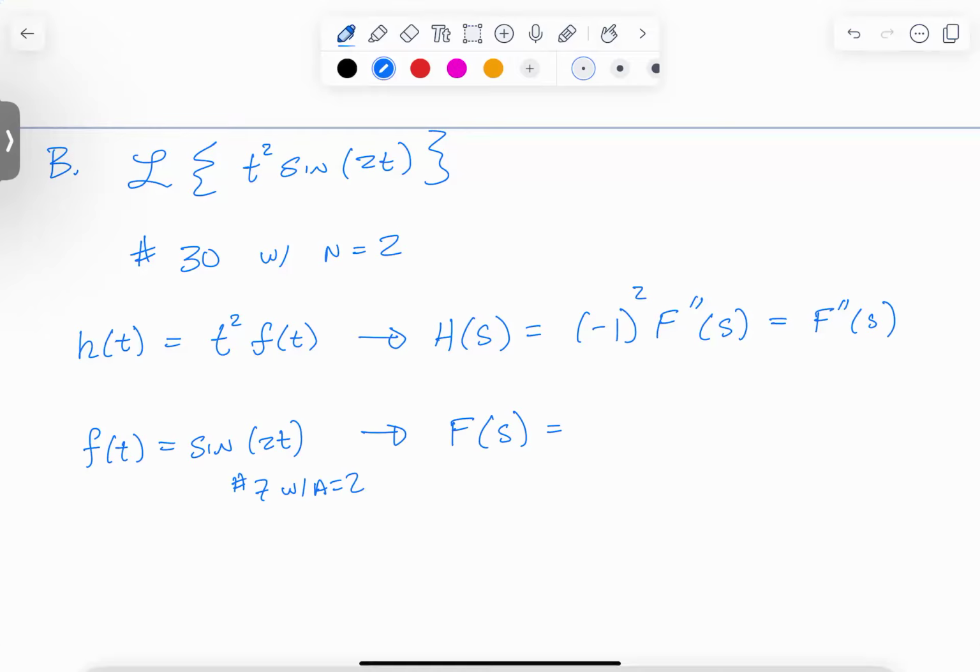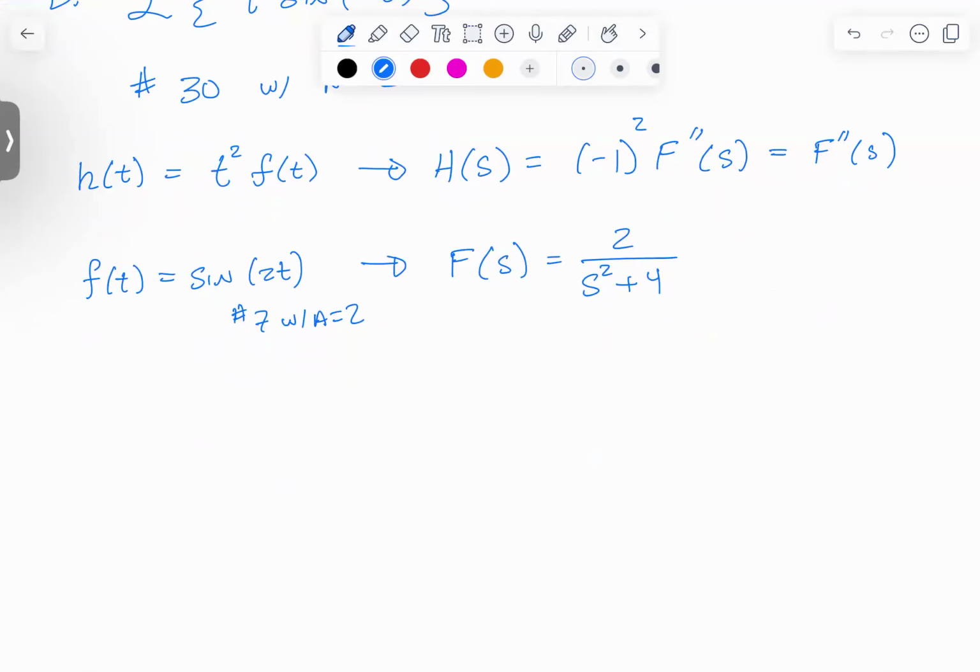It's 2, there's a 2 on top right there. And then we get 2 derivatives of this guy, which again would just be the quotient rule.